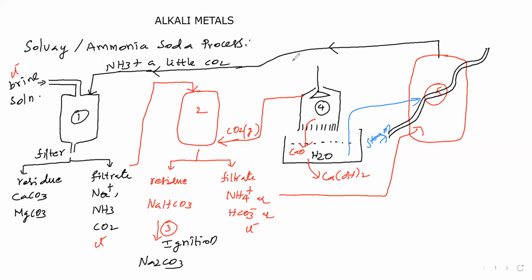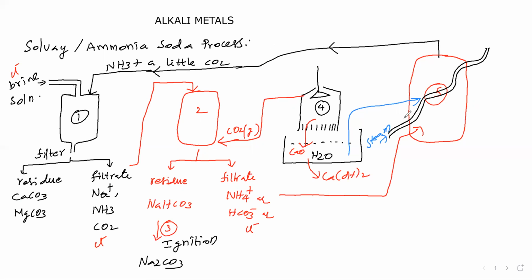So we are passing ammonia into the first tower, and that ammonia comes to the filtrate as ammonium ion. It is taken into the second tower, and this ammonium ion is taken into this tower, where it becomes ammonia that is passed into this.